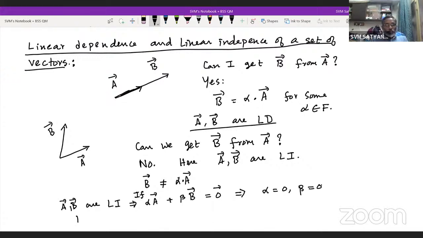Let's write a small proof for this. Let's say that alpha is not equal to 0 and beta is not equal to 0, but alpha A plus beta B is equal to 0.